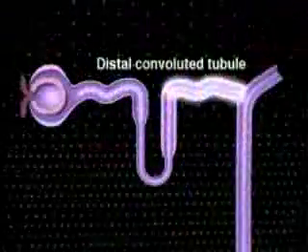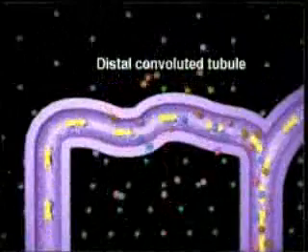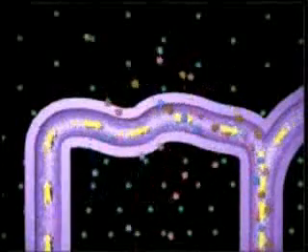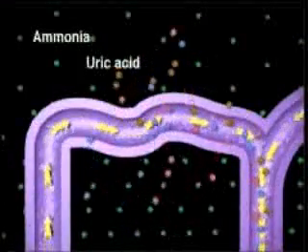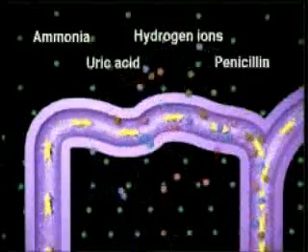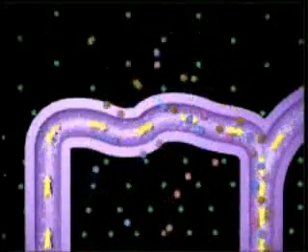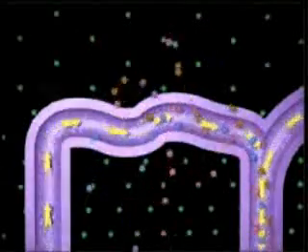A capillary system, vasa recta, parallels the loop of Henle and participates in salt gradient formation and maintenance. In the distal convoluted tubule, secretion occurs. Some waste, ammonia, uric acid, hydrogen ions, penicillin, are secreted from blood vessels into the renal tubule.